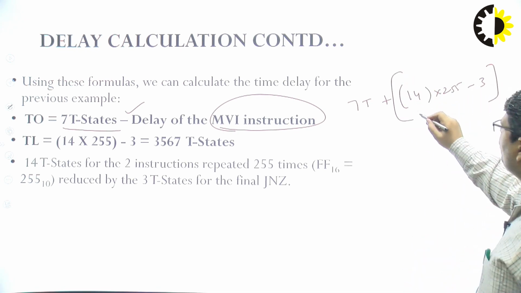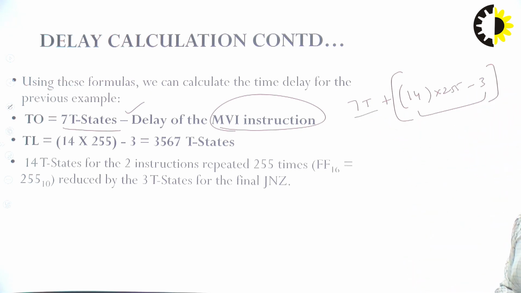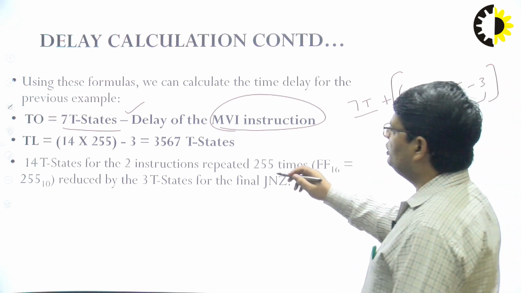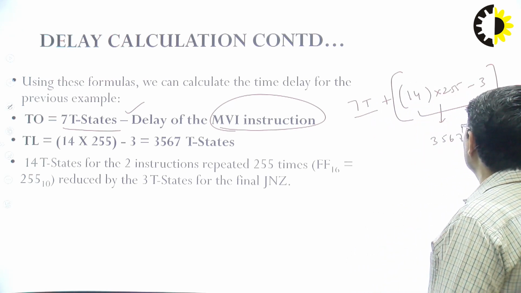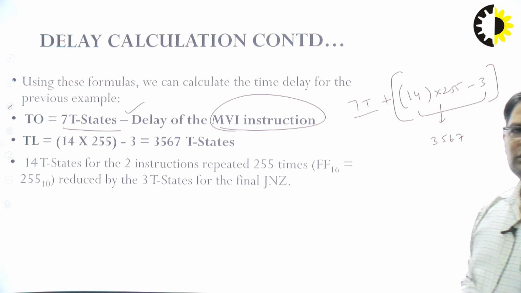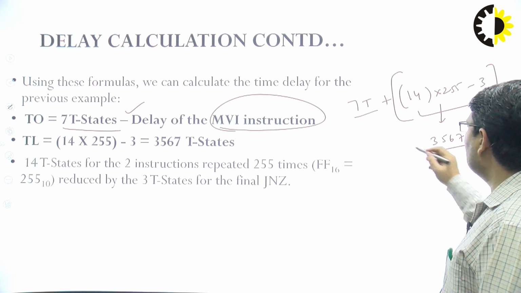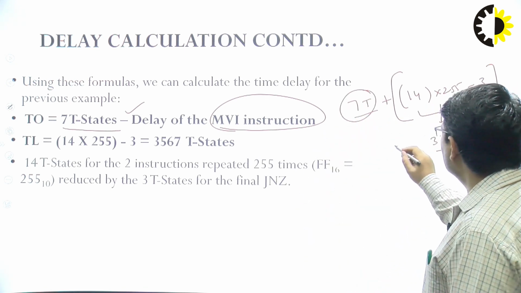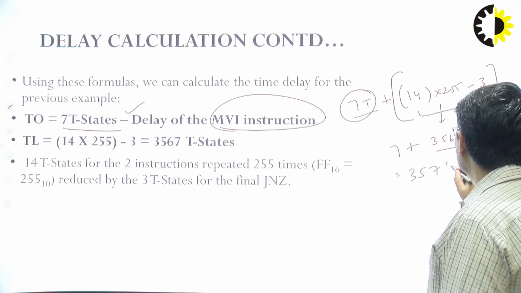So this is the part of loop, and this is one instruction outside the loop. So the number of T states in the loop will be 3567, and out of loop there is a single instruction, so 7 T states are there for this. So 7 plus this one, that will be 3574.